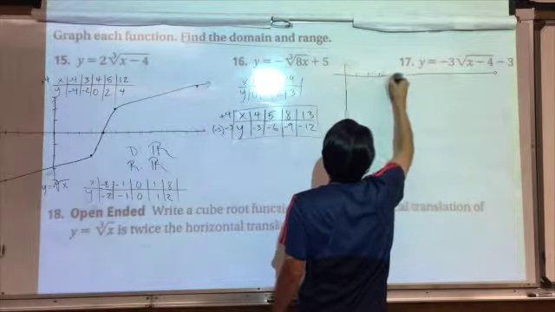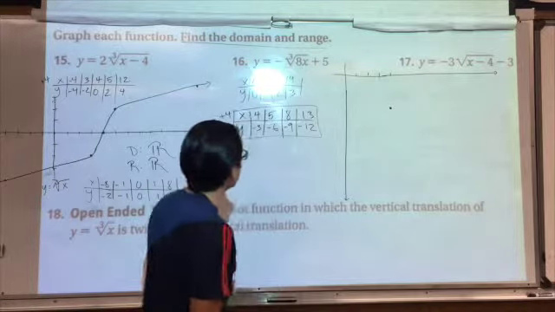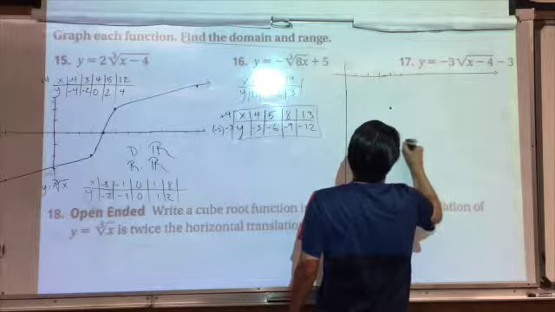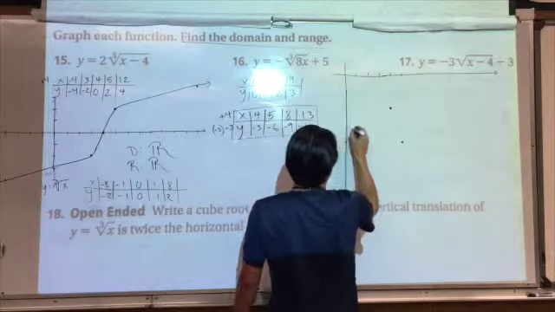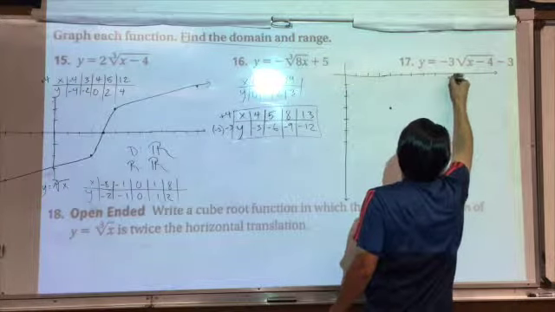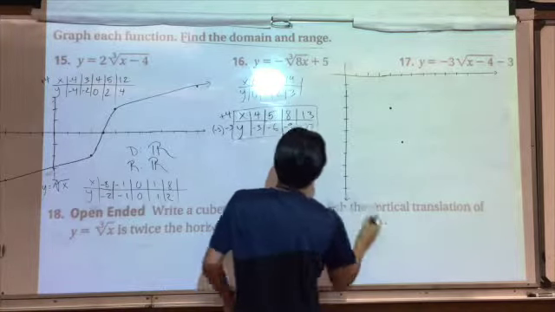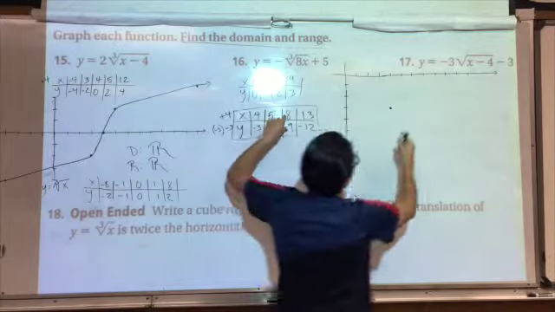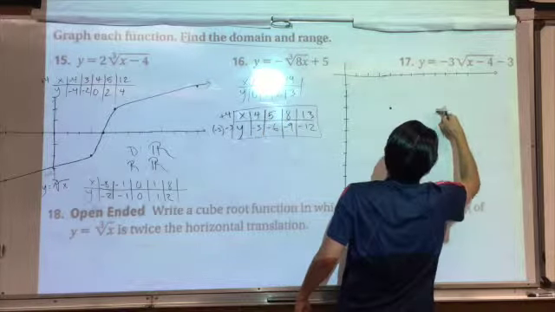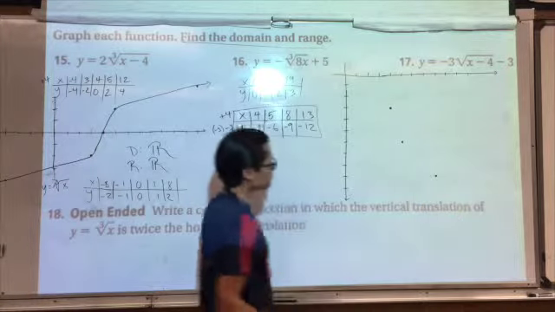1, 2, 3, 4. 1, 2, 3. Right there. 5, -6. 5, 1, 2, 3, 4, 5, 6. There's -6. 8, negative 9. 1, 2, 3, 4, 5, 6, 7, 8. 1, 2, 3, 4, 5, 6, 7, 8, 9, right there.